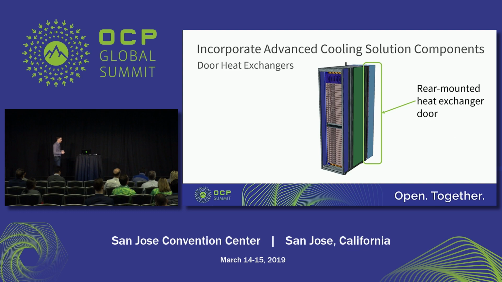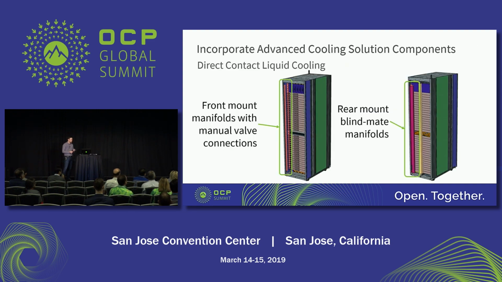There are several versions of these based on the needs of the community, and there might be several different implementations of what these doors are doing. So if any of these look interesting to you, you might want to check out the work that's getting done in that particular group. In terms of direct contact liquid cooling, on the left-hand side you can see the front-mounted manifold.